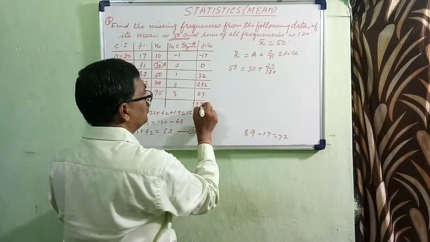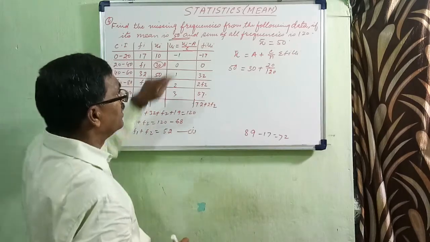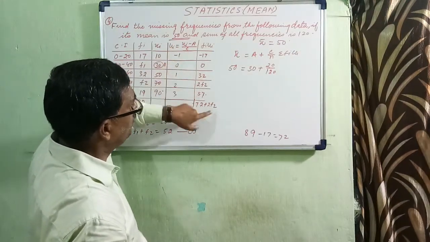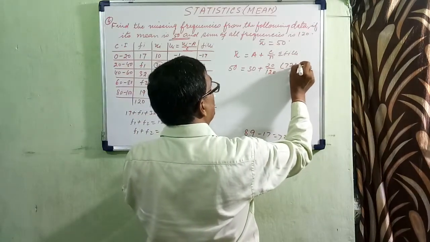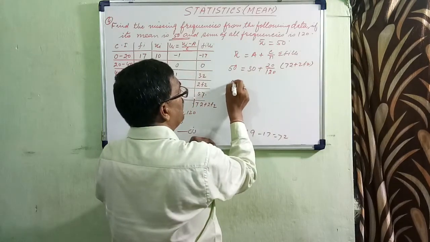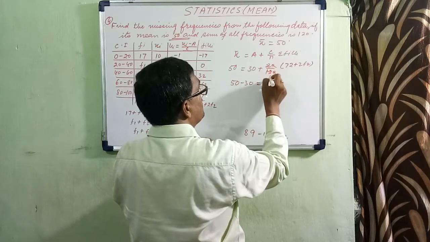So 72 plus 2F2. Do you agree? This I simplified and 2F2 will remain the same. So it will be equal to 72 plus 2F2. Then this one you transpose this side, 50 minus 30 is equal to, this is cancelled, this is 6.